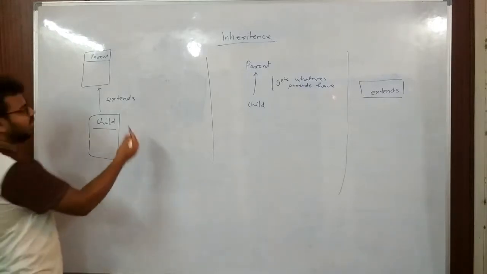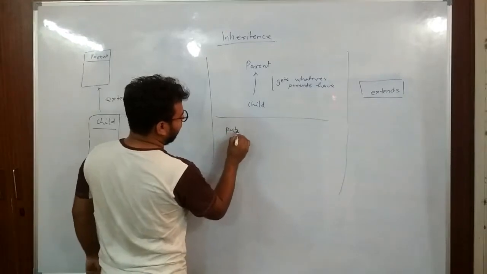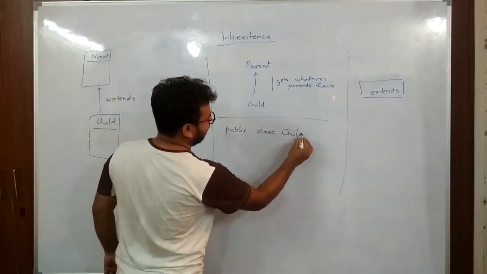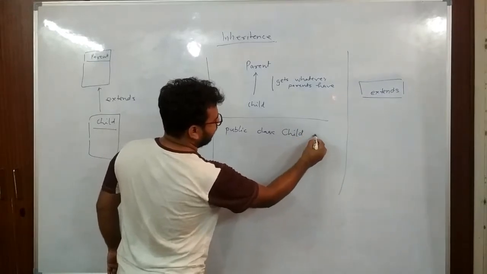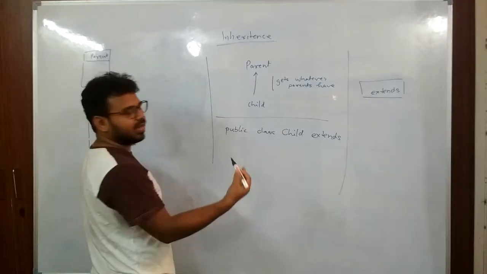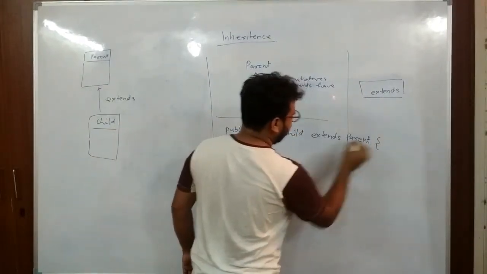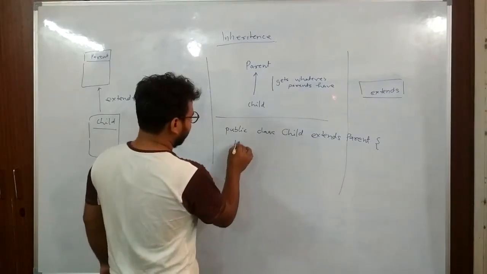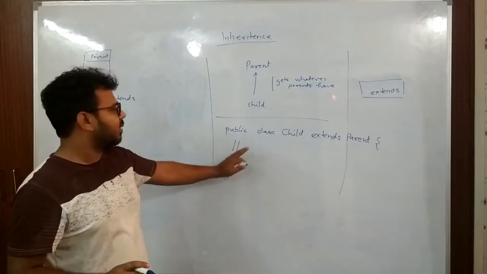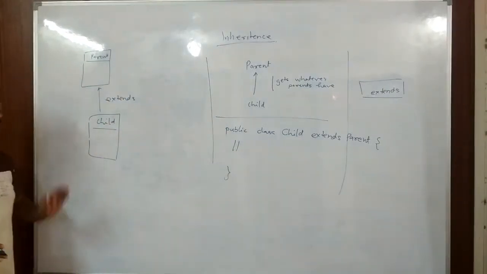Okay. So in Java, simply we have to write like this: public class child, and then the keyword extends, and the name of the parent class. Here it is parent, so we will write parent, then some code of the child class. So this is like this: a simple child extends parent. Okay.